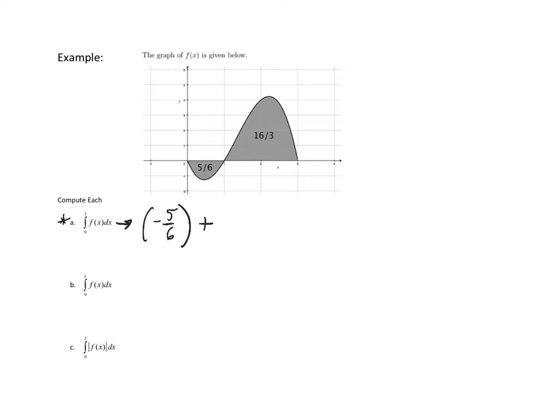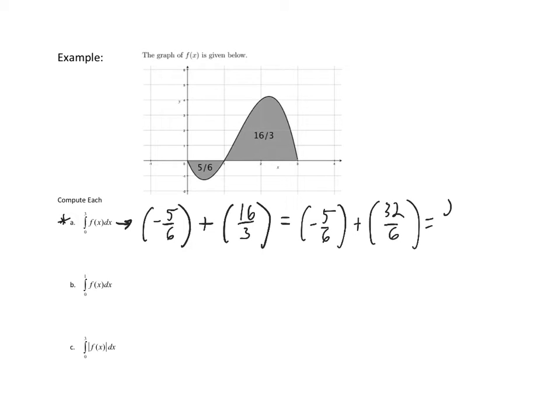And then we count the area above the curve positively. The area above the curve is 16 over 3. If we were to compute that, I would say that's negative 5 over 6 plus 32 over 6, which is really 27 over 6. And we can simplify that to 9 over 2. So we're saying the integral from 0 to 3 of f of x dx is 9 over 2.